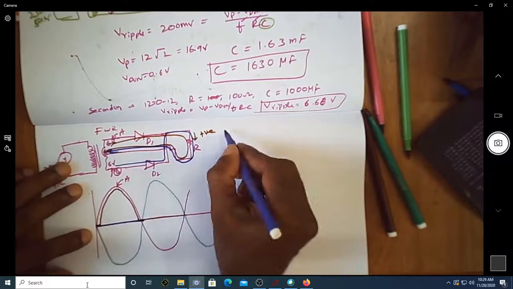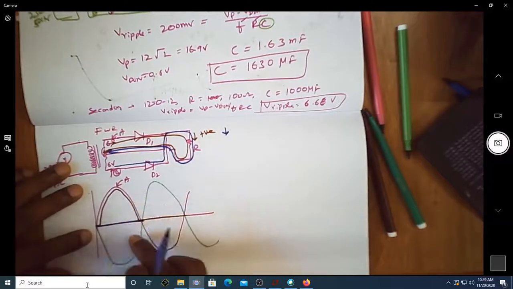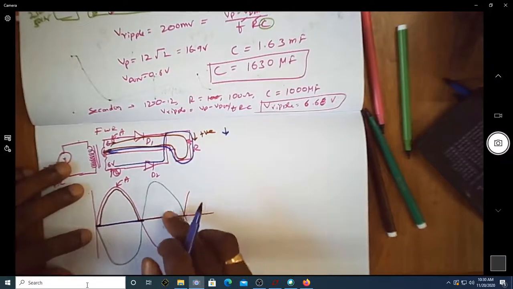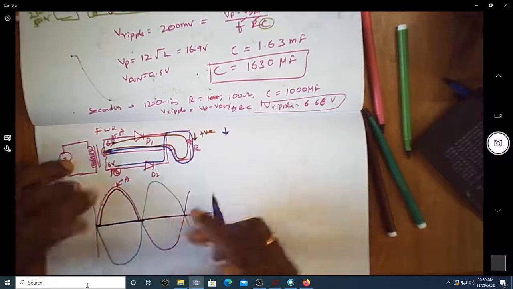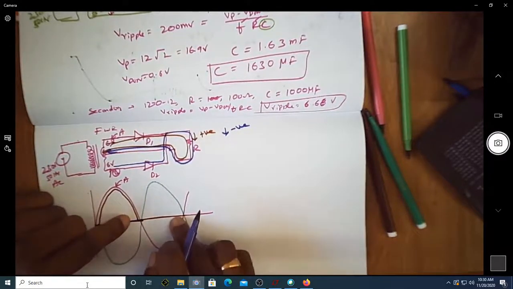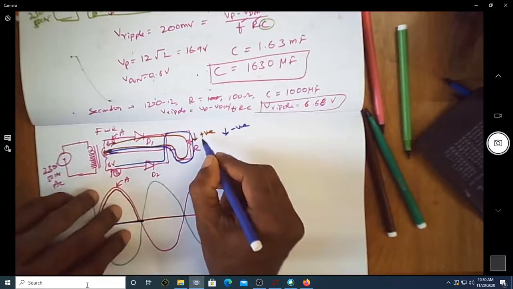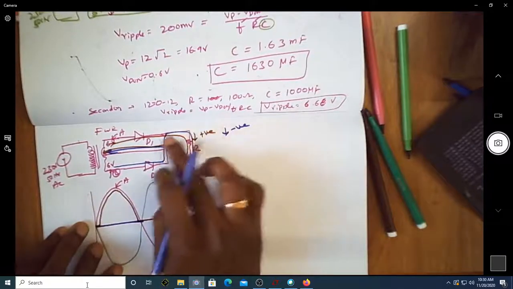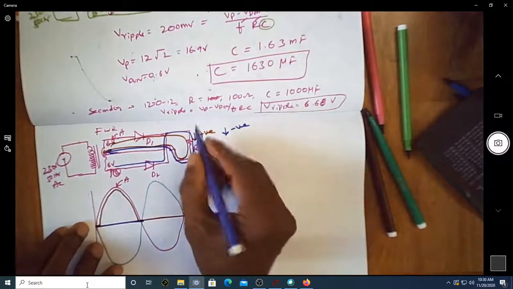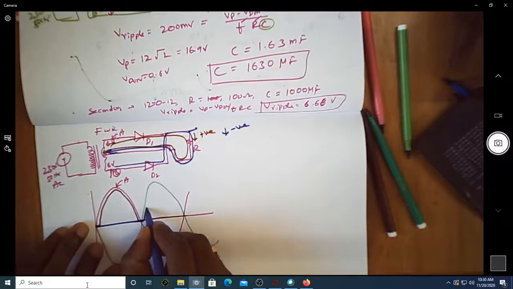So in both cases, whether it is the positive half cycle of A or the positive half cycle of B, instead of writing positive half cycle of B, shall I write it as the negative half of A? During the negative half of A, you can see this blue line is also flowing in the same direction as the brown line. Since the current is flowing in the same direction, whenever you measure the output voltage at this point, it exactly looks like this.